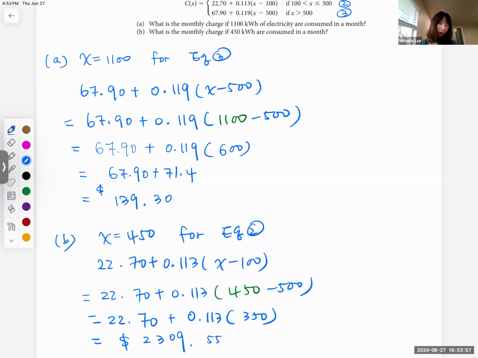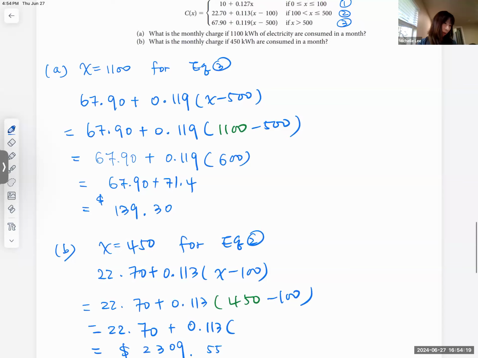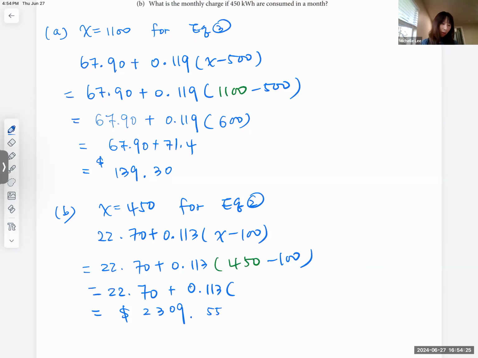Oh, I copied wrong. Sorry. So there will be 100, right? And so this is 350. And we got something wrong with this one, right?